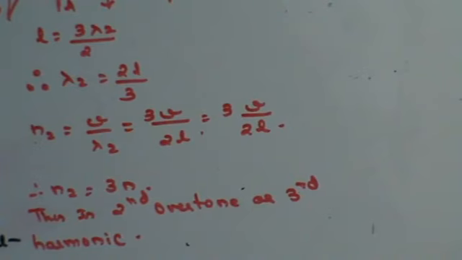That means all the frequencies are going to be present in this. Like in the case of a tube that was closed at one end, only the odd frequencies were produced. Here all the frequencies will be present. Fine.